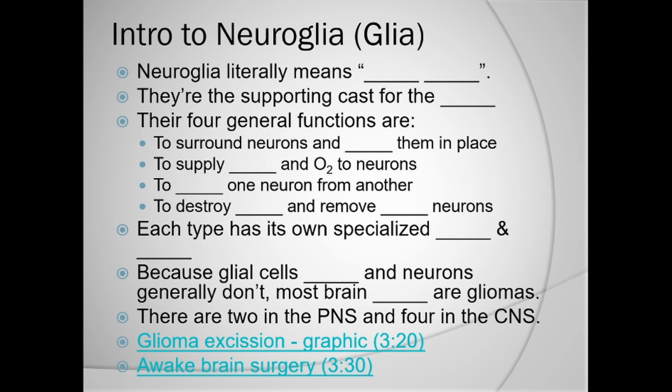And then these 2 video links here, glioma excision, you can see that. Go to YouTube and type that in. I just found one that was pretty decent. The video quality was really good, and the patient had a glioma in his frontal lobe, and the neurosurgeon just removed it.